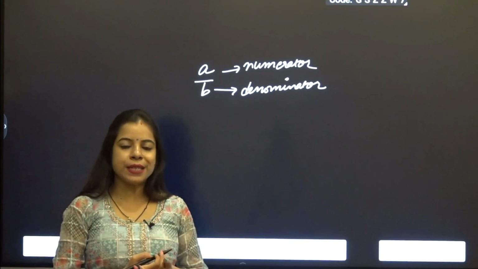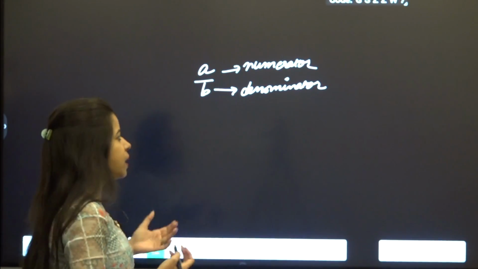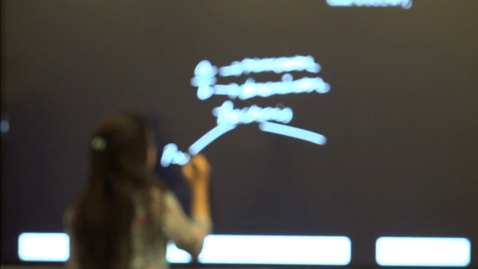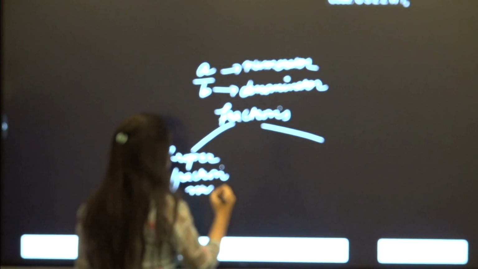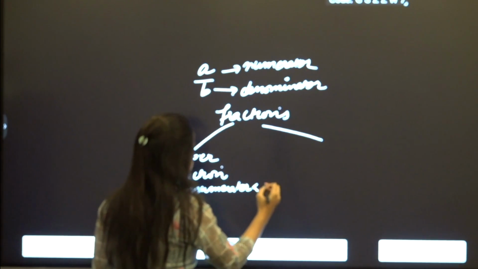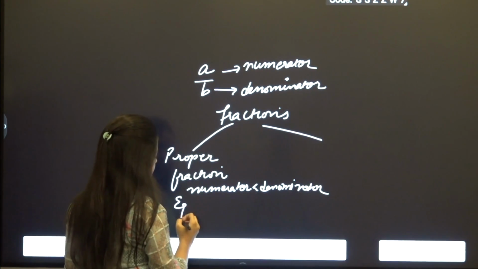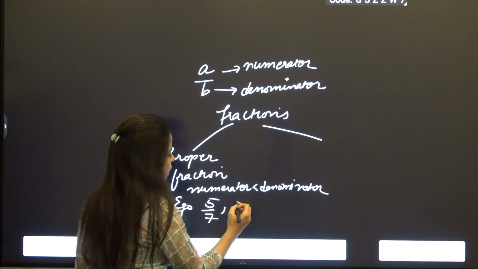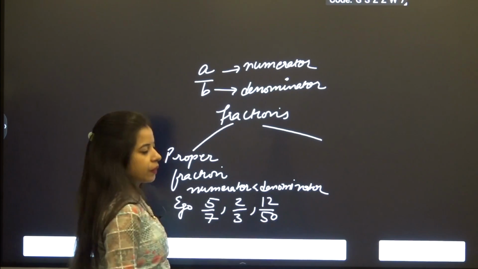On the basis of whether the numerator or the denominator is larger, we can categorize fractions into 2 types. First, proper fractions, where the numerator is less than the denominator. Examples are 5 by 7, 2 by 3, 12 by 50, and so on.